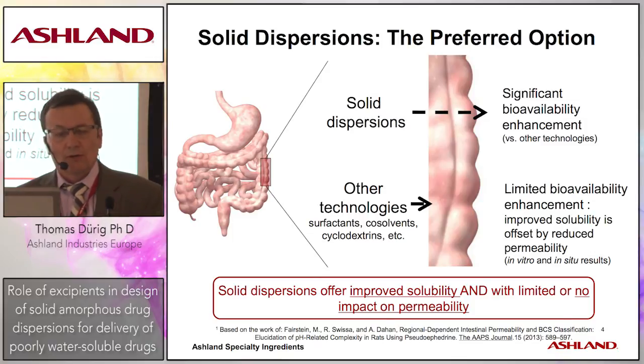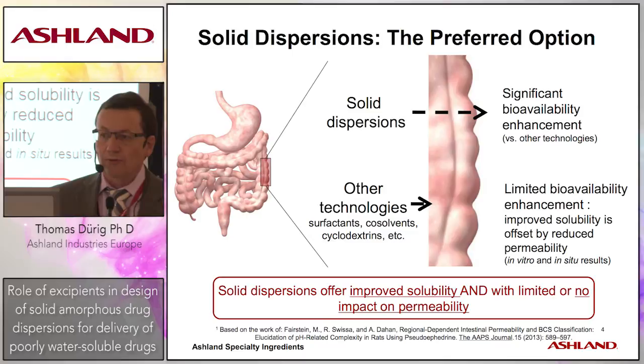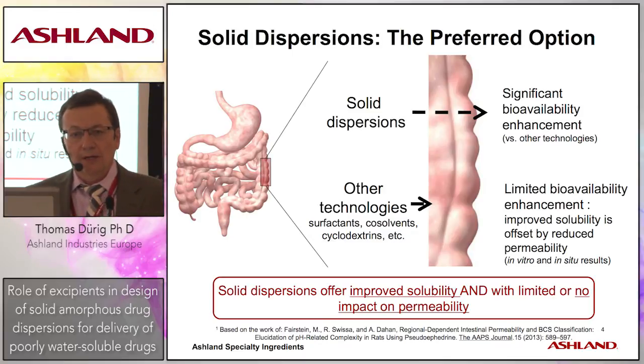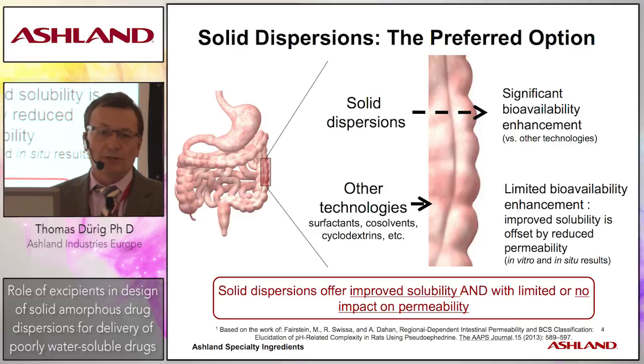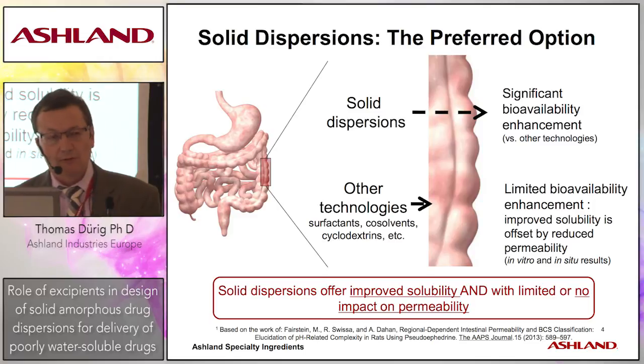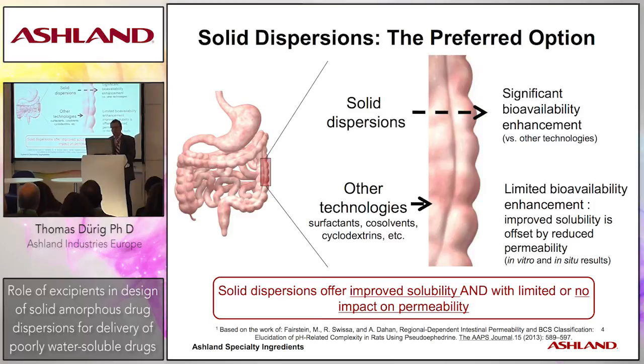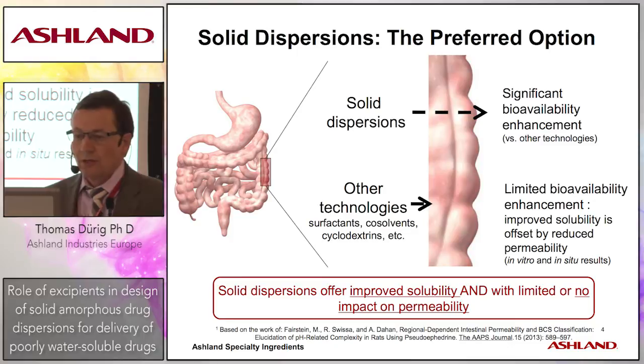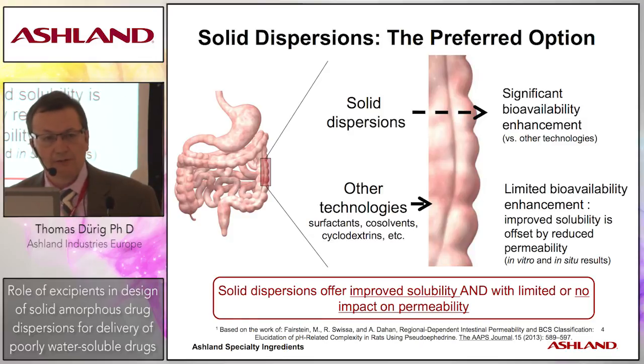And it has to do also with permeability, because we have to remember that when you apply a certain solubilization technology to increase bioavailability orally, it's not just that the API has to dissolve in the gastrointestinal fluids, but it actually has to be bioavailable after that and actually permeate across the gastrointestinal mucosa in order to be active. And in this area is where amorphous dispersions often enjoy some significant advantages over some other technologies such as, say, surfactants, co-solvents, and cyclodextrins.